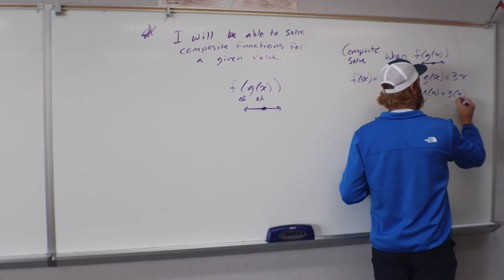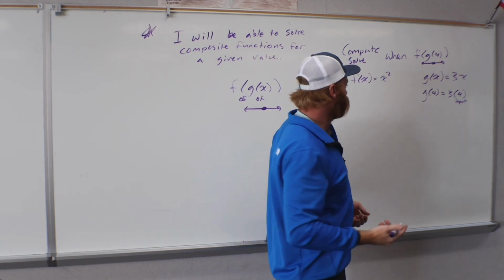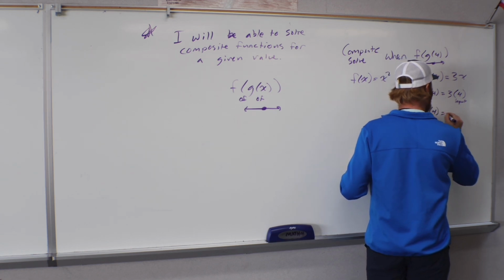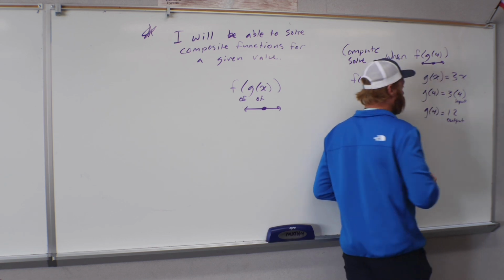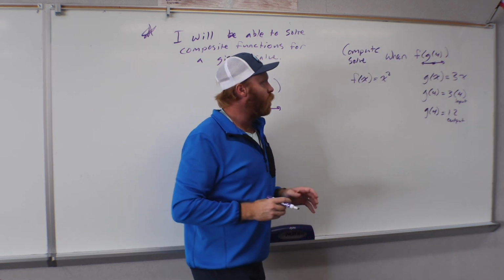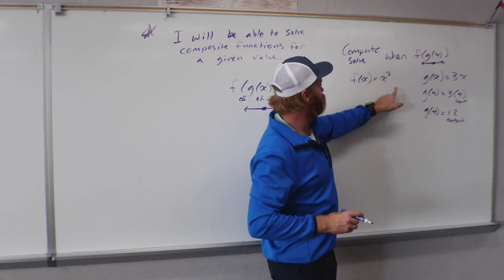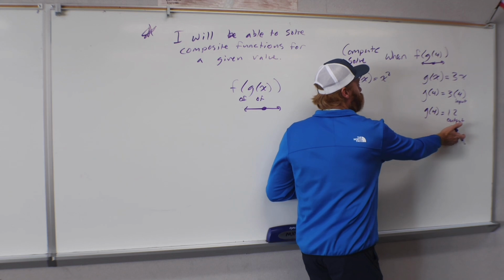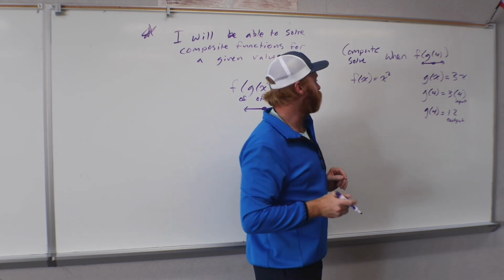In this case, our input would be our 4, and once we solve it, 3 times 4 is going to be 12, so our output then becomes our 12. Now the way the composite functions work is the output then becomes the input into the next function, or the answer from the first function becomes what we plug into our x for our next function.